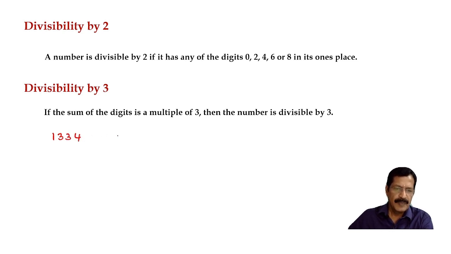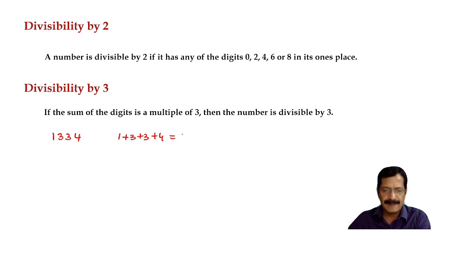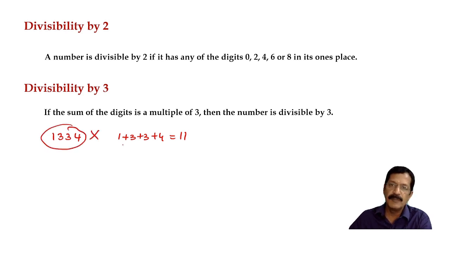Let us check. What about the sum of the digits? 1 plus 3 plus 3 plus 4: 1 plus 3 is 4, 4 plus 3 is 7, plus 4 is 11, which is not a multiple of 3. Therefore, this given number 1334 is not divisible by 3. Let us have another example.